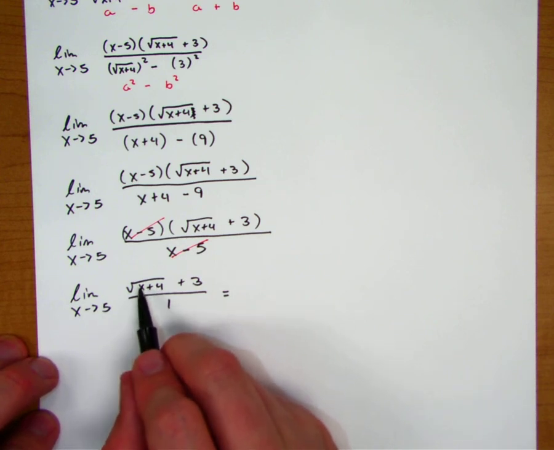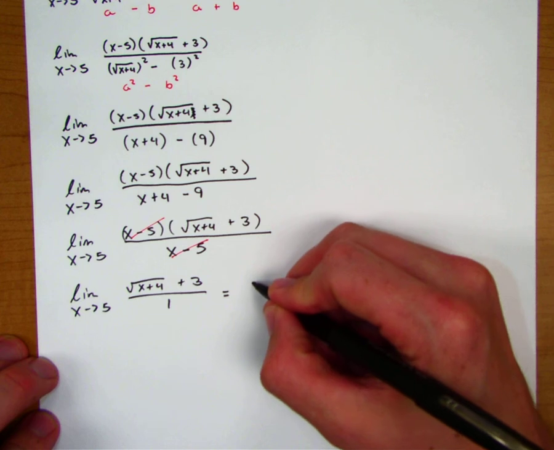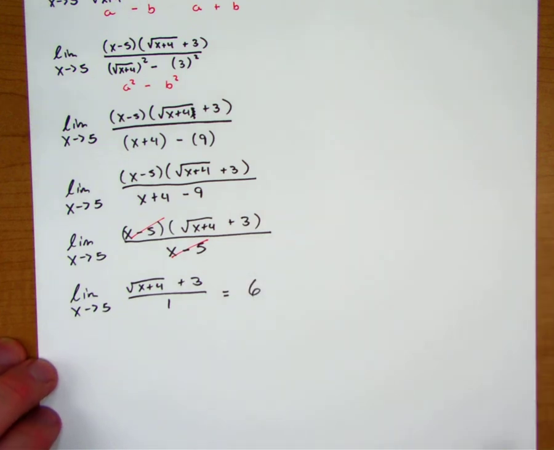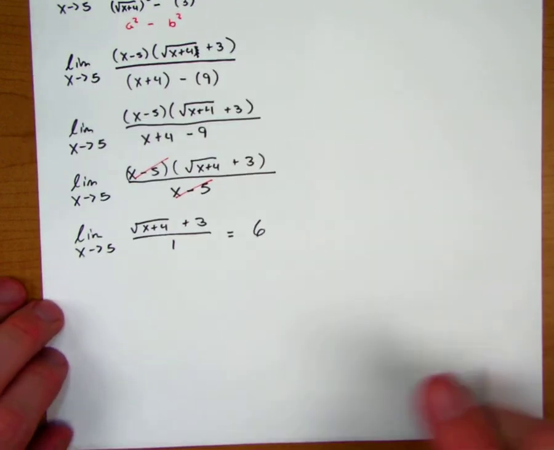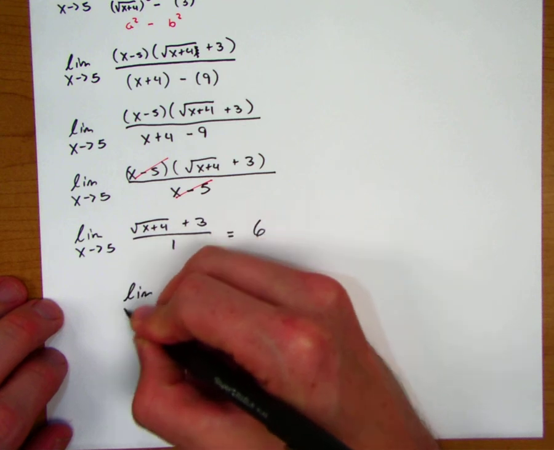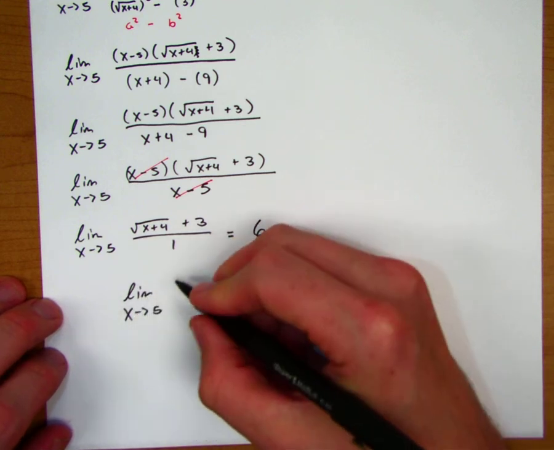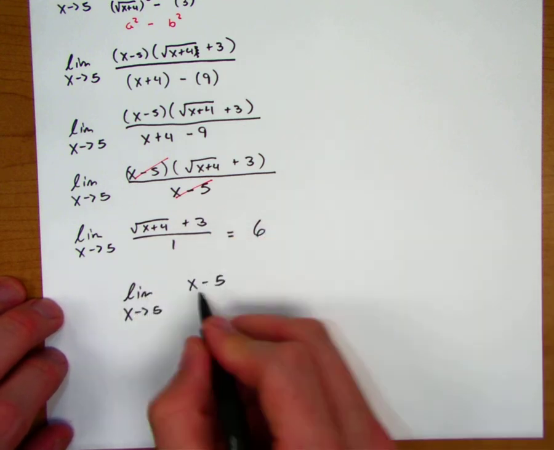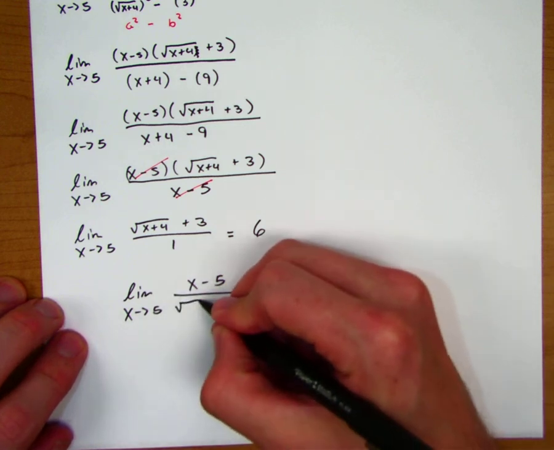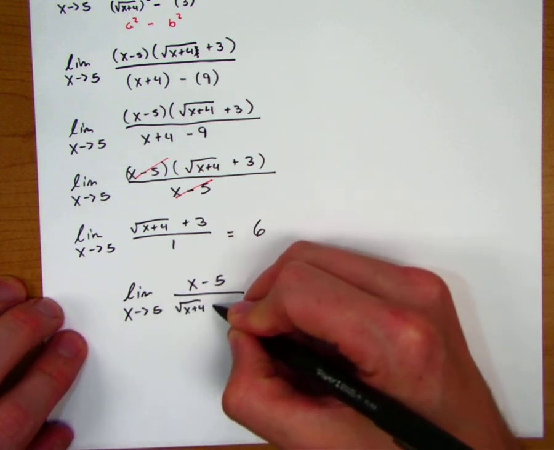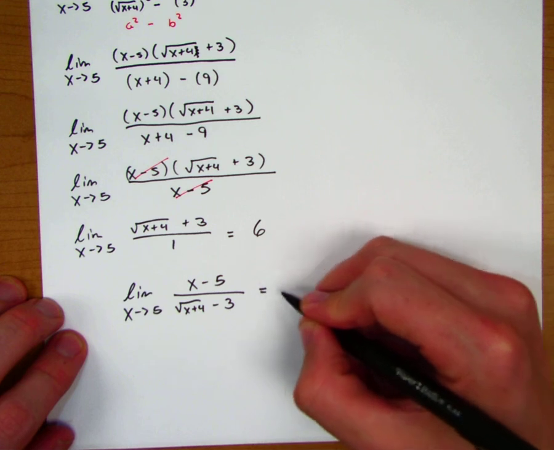The square root of 9 is 3. 3 plus 3 is 6. And 6 over 1 is just 6. So my final answer, limit x goes to 5 of x minus 5 over the square root of x plus 4 minus 3 equals 6.